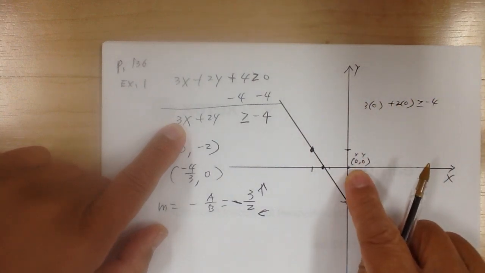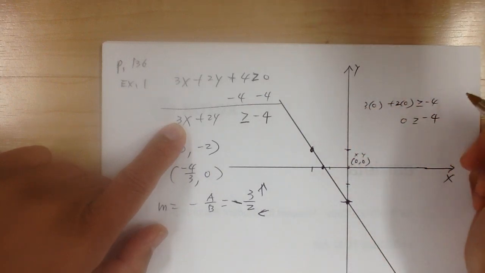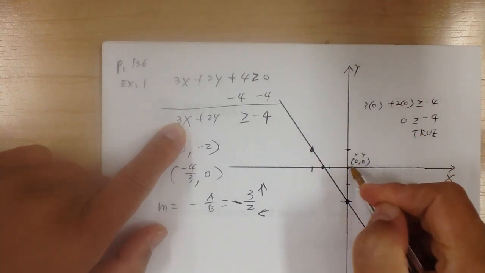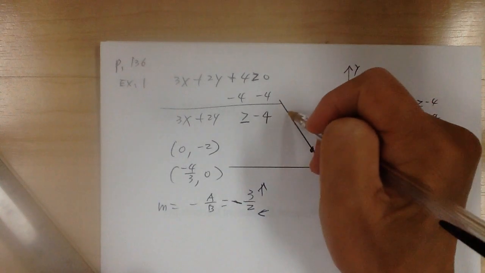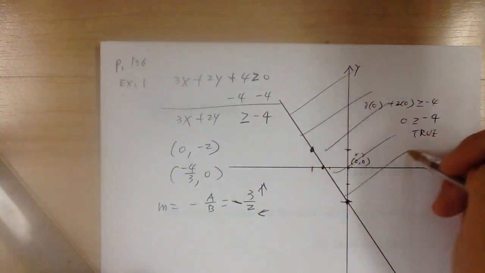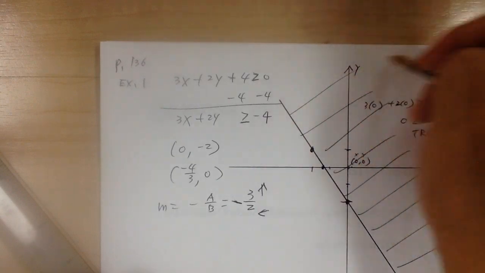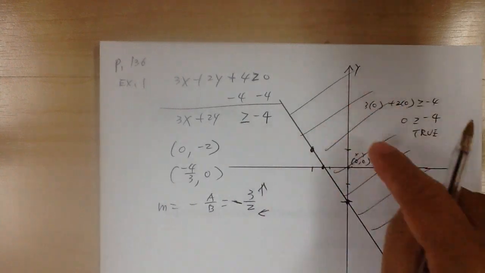The reason I choose 0 is because everything becomes 0. So you get 0 is greater than or equal to negative 4. This is true, so this point is good. That means this side is good, and all the infinite number of points on this side are good, so that would be your answer. So you shade it in, and that's it.